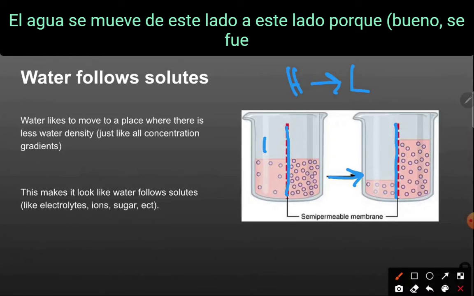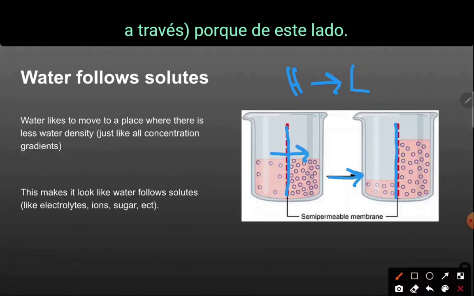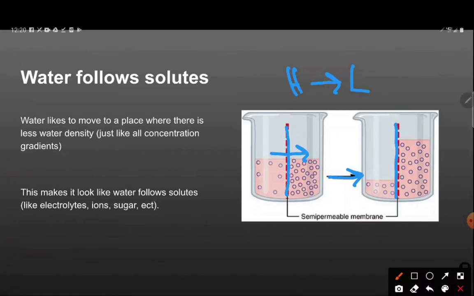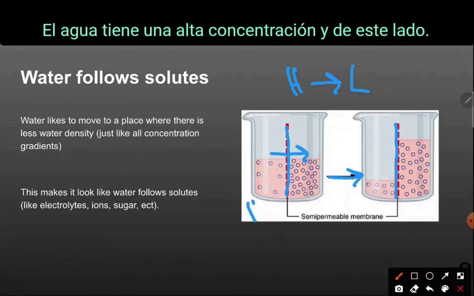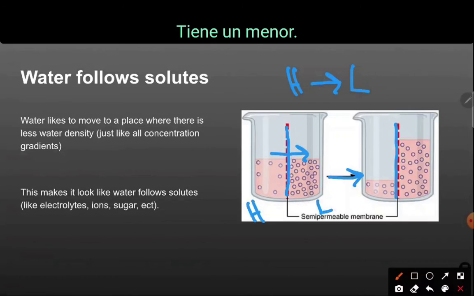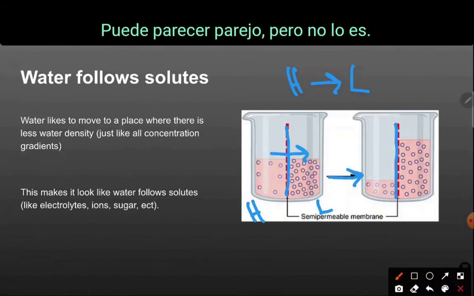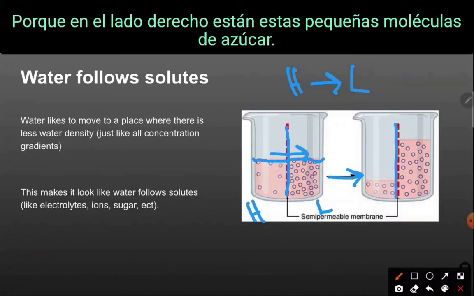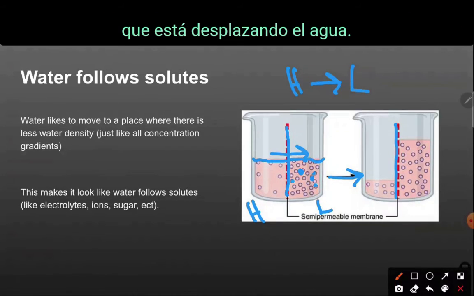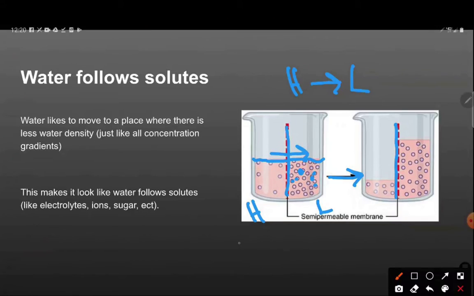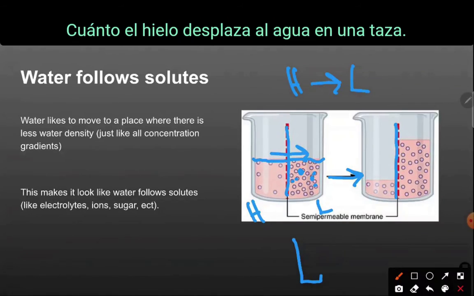Water moved from this side to this side because on this side, water has a high concentration, and on this side it has a lower. It might look like it is even, but it is not. Because on the right side there are these little sugar molecules that are displacing the water, much like how ice displaces water in a cup.